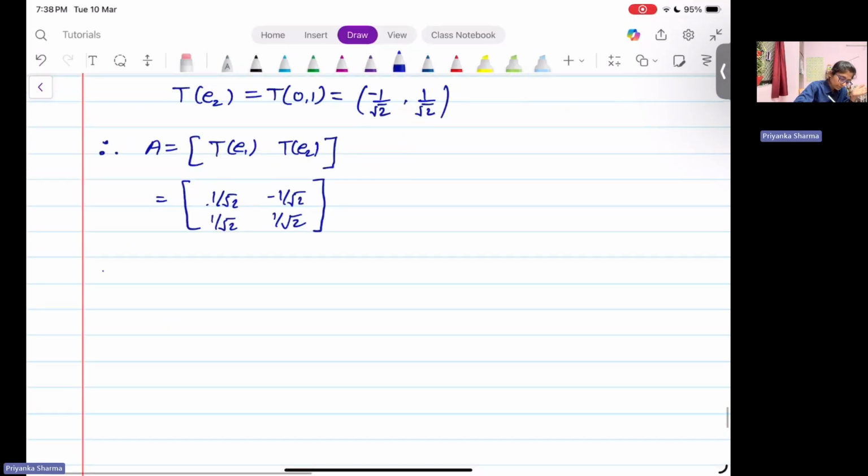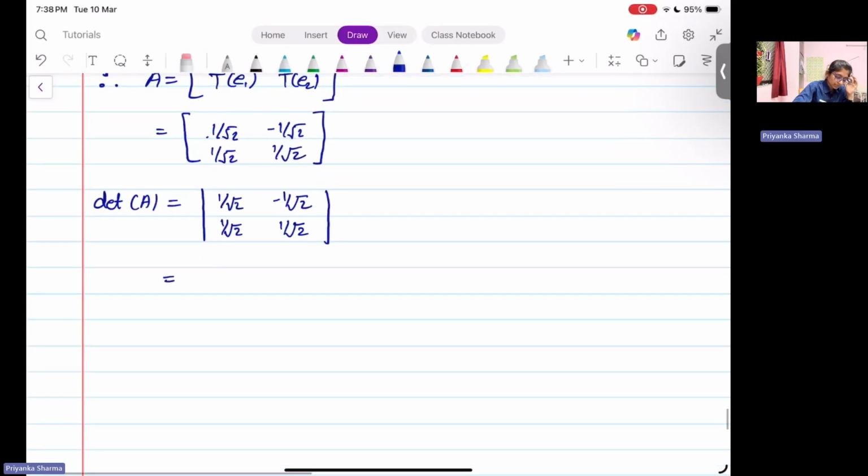Now, what is the determinant of A? This is the determinant of 1 by root 2, minus 1 by root 2, 1 by root 2, and 1 by root 2. So this is 1 by 2 plus 1 by 2, that is 1. So T is a rotation.